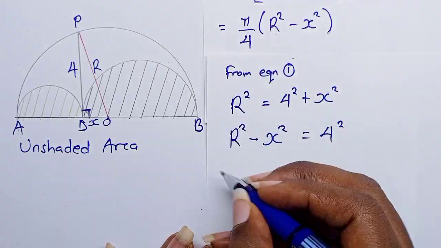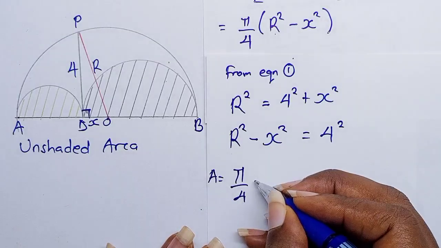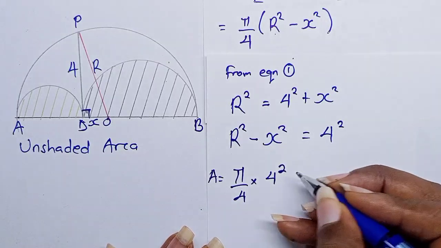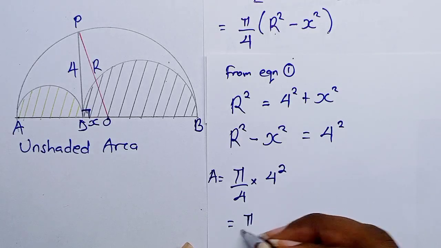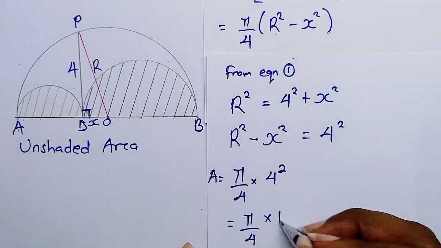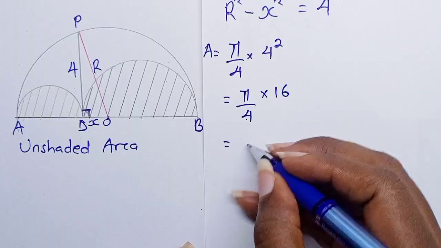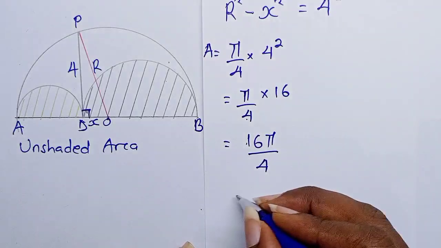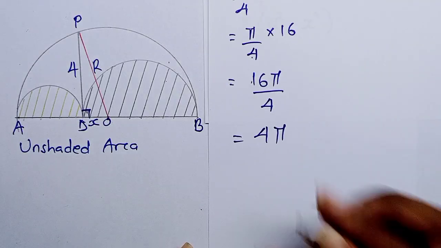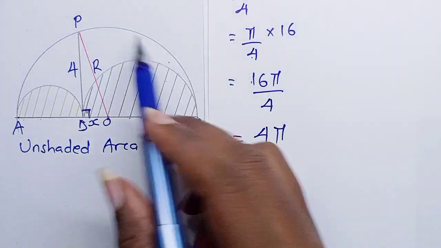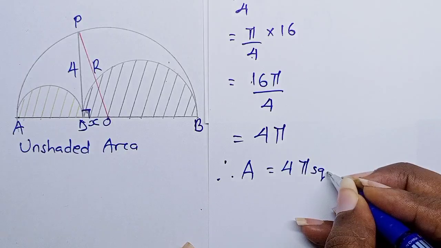So in this equation, which is for the area, we shall have pi over 4 times 4 squared, which is equal to pi over 4 times 16, which is equal to 16 pi over 4. 16 divided by 4 is 4, so we have 4 pi. Therefore, the area of the unshaded region, this one here, is equal to 4 pi square units.